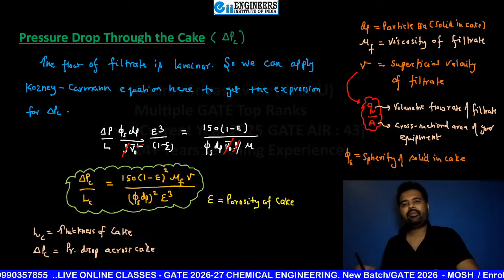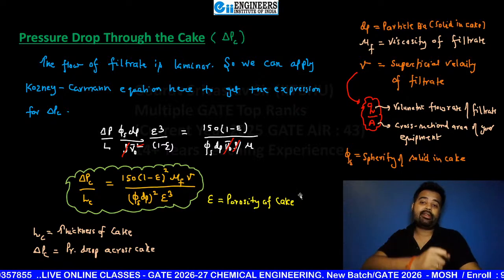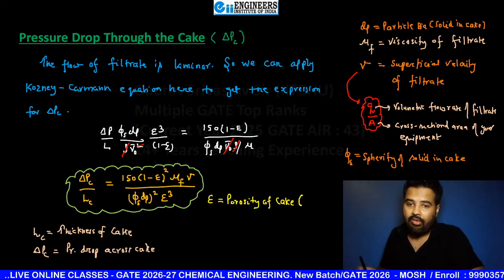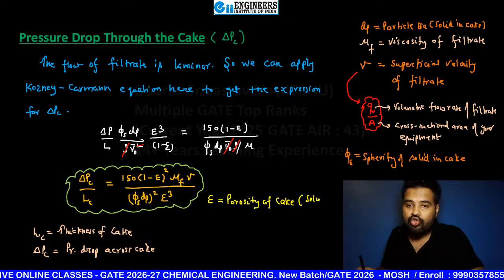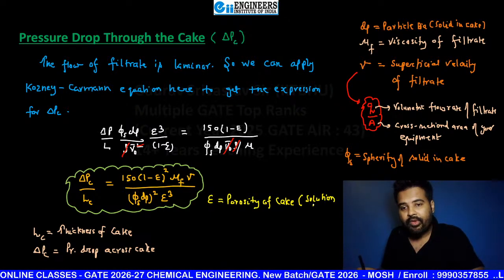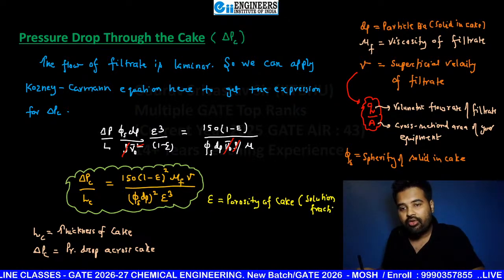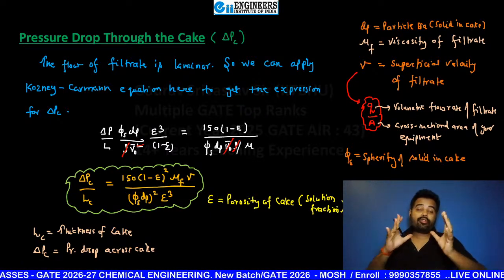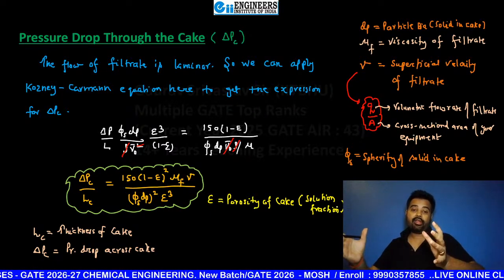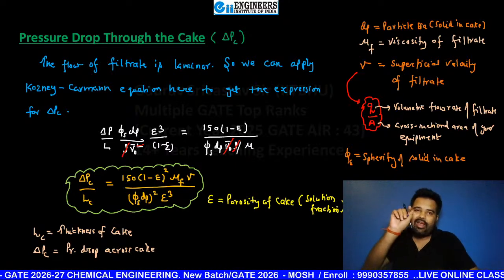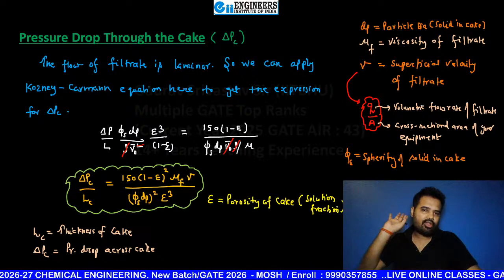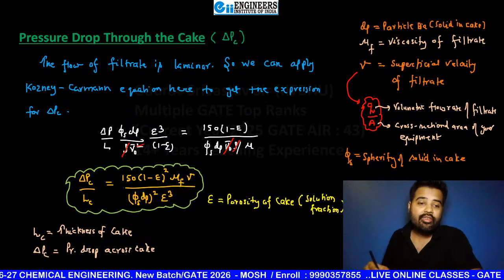Porosity means how much void volume is there, or you can say its solution fraction. This is not the amount of solid in your cake. This is the solution that is trapped inside, that is passing and available at that time inside your cake. So you can say it's solution fraction.